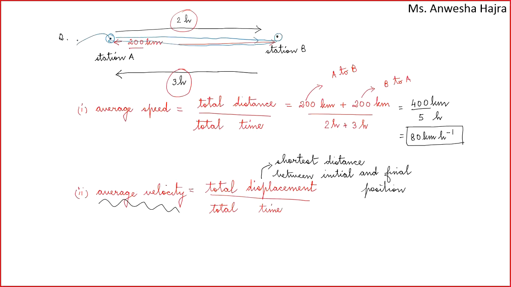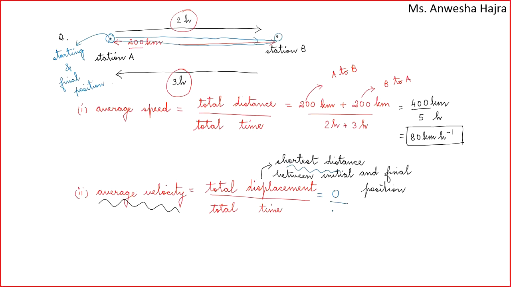So this is my starting point, starting and final position. So the shortest distance between starting and final position is 0.